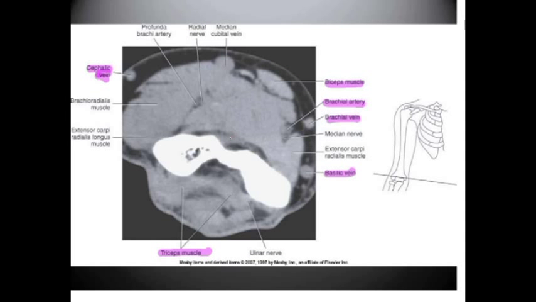Now, down at the elbow, we see that we have the biceps muscle, the triceps muscle, the brachioradialis muscle, and the brachialis. Additionally, we have the brachial artery, brachial vein, cephalic vein, basilic vein.